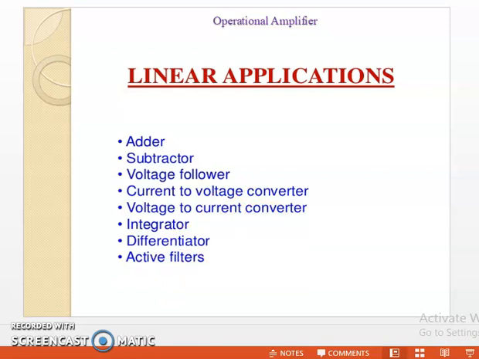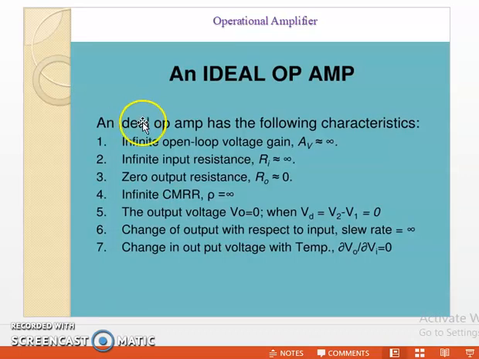Then the question arises, what are the characteristics of op-amp? What are the characteristics of an ideal operational amplifier? The characteristics are about input impedance, output impedance, voltage gain, power gain, and so on. An ideal operational amplifier has the following characteristics.